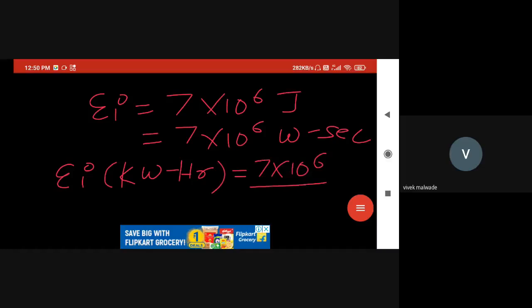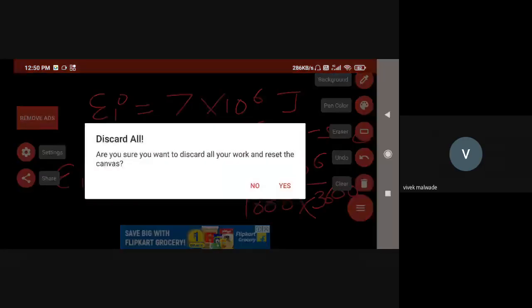Kilo, divided by 1000, and for hour, 1 hour is equal to 3600 seconds. So input energy in terms of kilowatt hour, calculating this, we will get input energy as 1.944 kilowatt hour.